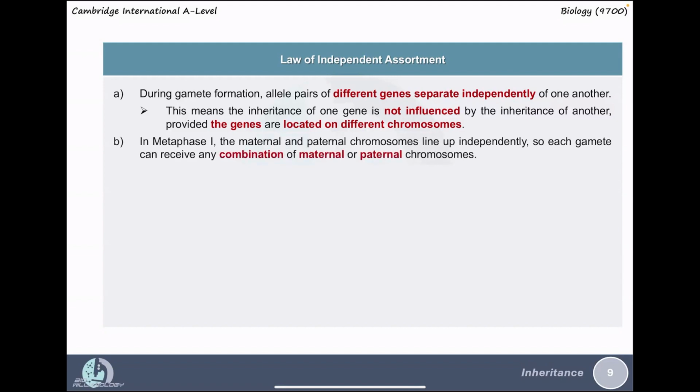So in metaphase 1, the maternal and paternal chromosomes line up independently. Each gamete can receive any combination of the maternal or paternal chromosomes.